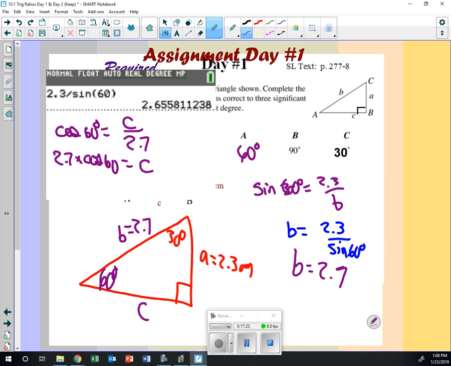It's going to be about 1.35 centimeters. It's going to be your C. And that fills out the triangle. You've got all the lengths, ABC, all the angles, ABC, and then you've solved it. So go ahead and do that for all the rest of those triangles.